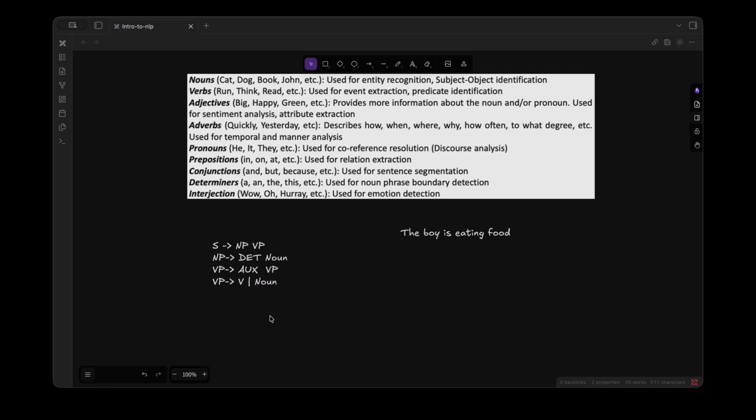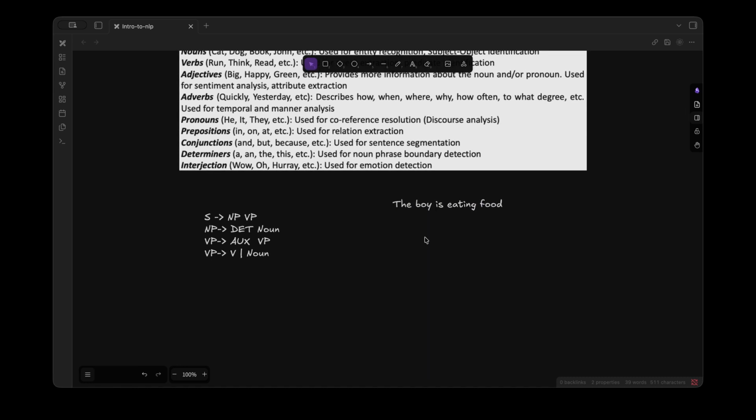So yeah, we're going to go a little bit more onto it, but I wanted to showcase a top down parser with this particular thing. I'm going to get an example. Okay, this example in itself is pretty good.